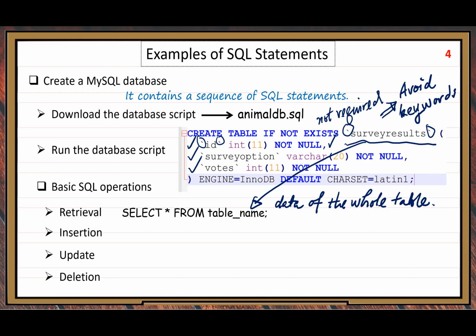But in this example, our table is small. We just have 5 or 6 rows. But you can imagine in your real world applications, you may have large tables. I myself had experience.